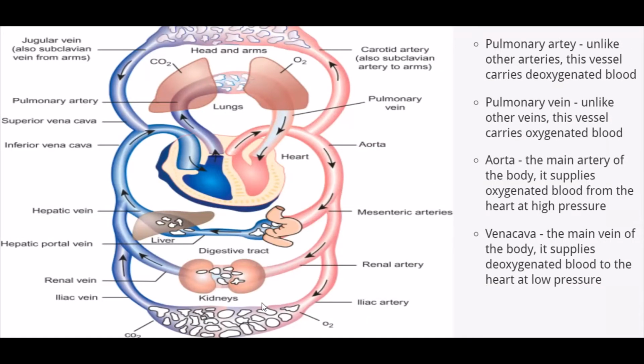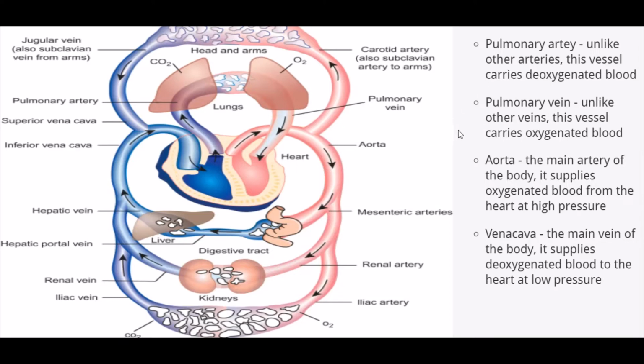So we have another image here showing us the heart and the parts of blood flow. We have the pulmonary artery.